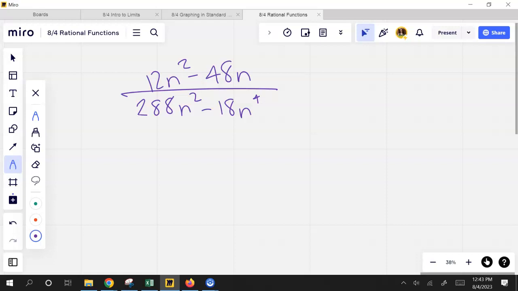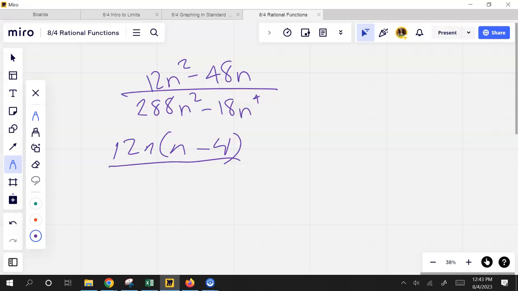So how would you go about this? I did 48 times 6. Nice. Okay, then on the bottom, I'm gonna just make a line. Well, GCF, what's the GCF there?